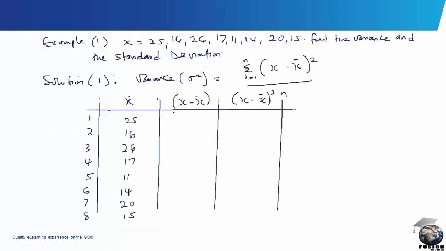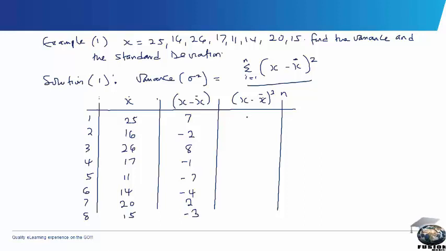And so we have 25 minus 18 to give you 7, 16 minus 18 gives minus 2, 26 minus 18 gives 8, 17 minus 18 gives minus 1, 11 minus 18 will give minus 7, 14 minus 18 gives minus 4, and 20 minus 18 gives 2. Meanwhile 15 minus 18 gives minus 3.